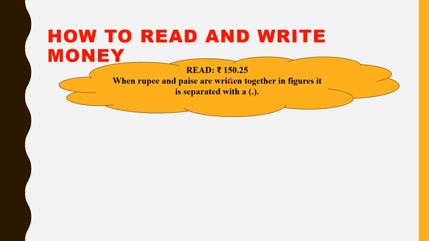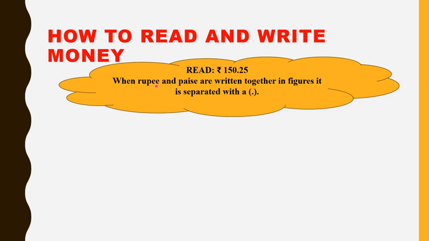Yes, we are going to read the amount first. 150 rupees. And this dot will be read as 'and'. Dot is 'and', which is separating rupees and paise, right? So we will say 150 rupees and 25 paise. So this is how we read money.